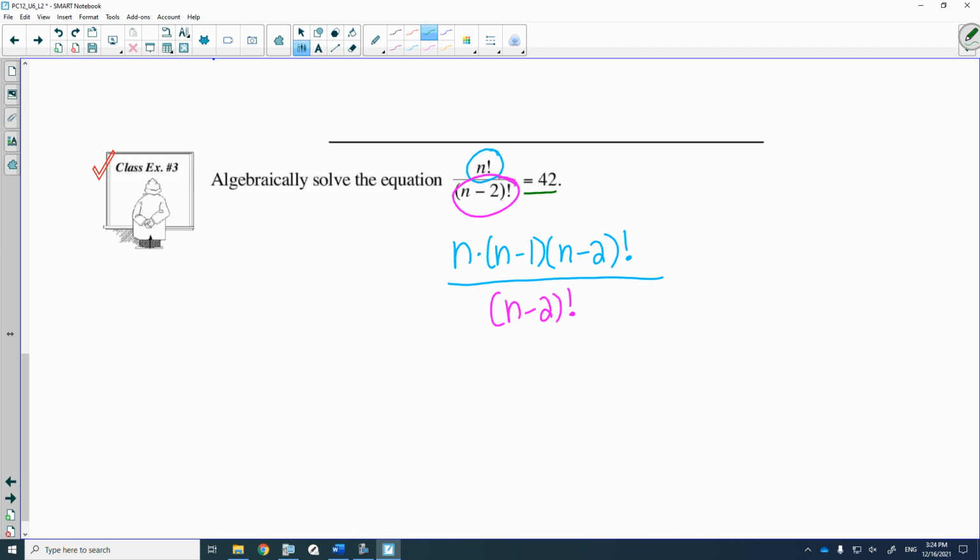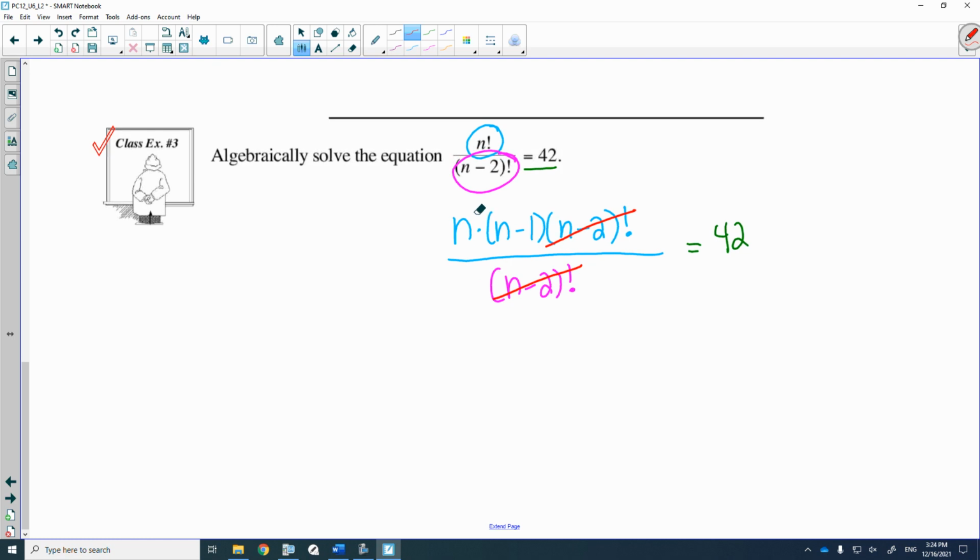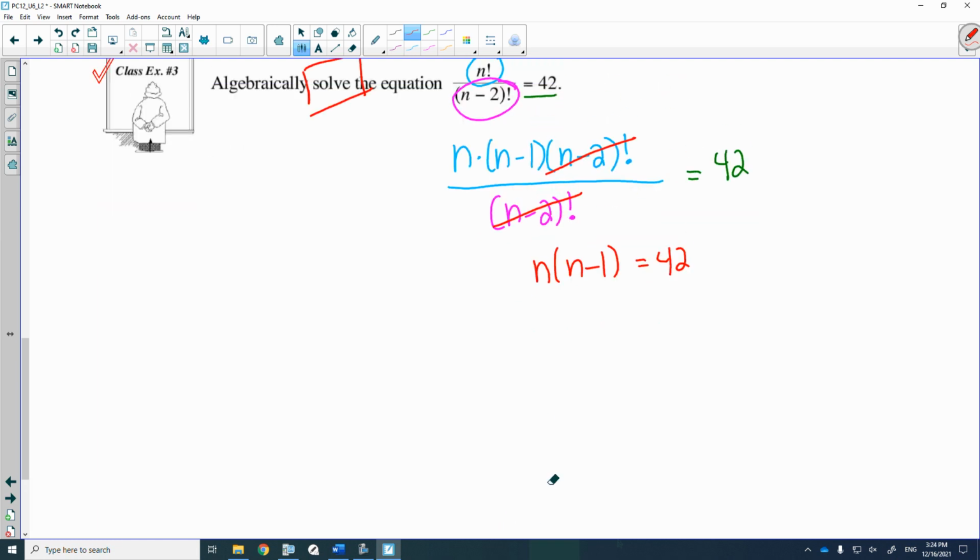This, they say, is equal to 42. You could now cancel n minus 2 factorial with n minus 2 factorial. What we would be left with is n times n minus 1 is equal to 42. Because it says solve, we're going to be solving for n. So in order to do that, you need to distribute your n squared minus 1n equals 42.